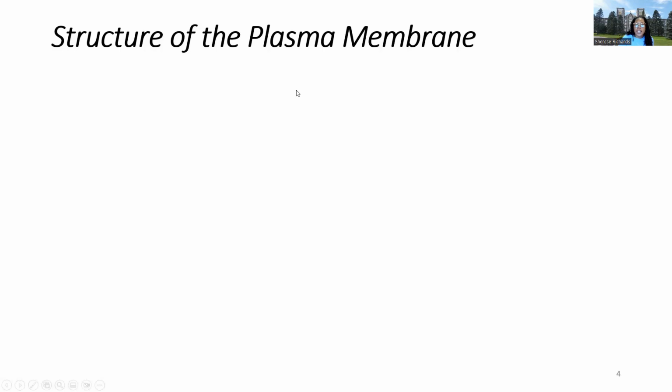All right, so let's have a look at what the cell membrane looks like. Okay, and what we're going to describe this as is called the fluid mosaic model. So this is another way that we refer to the plasma membrane, the fluid mosaic model.